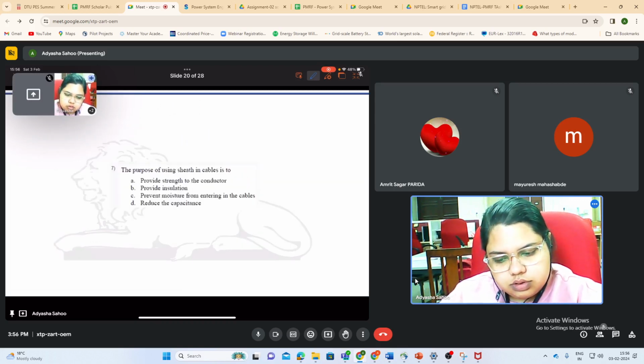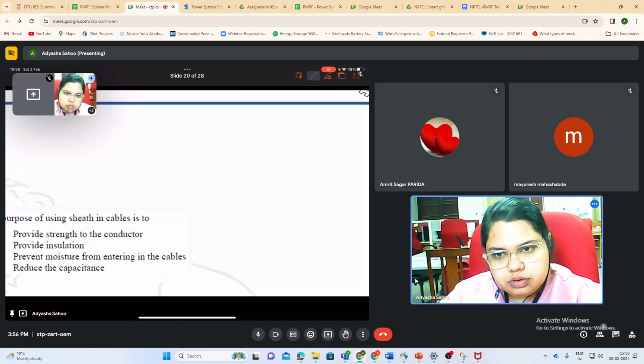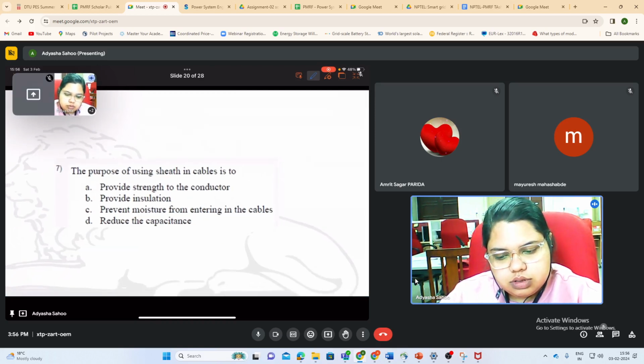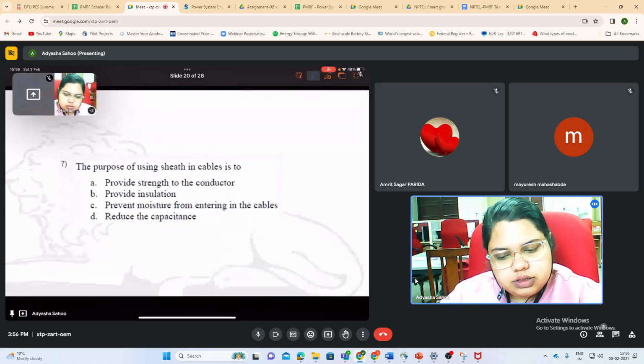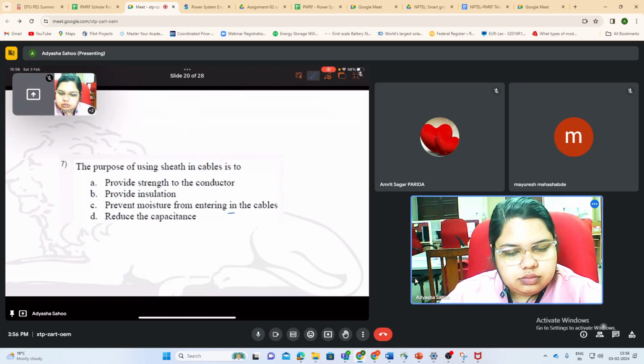Now the next question. The purpose of sheath in cables is to provide strength, provide insulation, prevent moisture, or reduce capacitance. What is the answer, anyone?